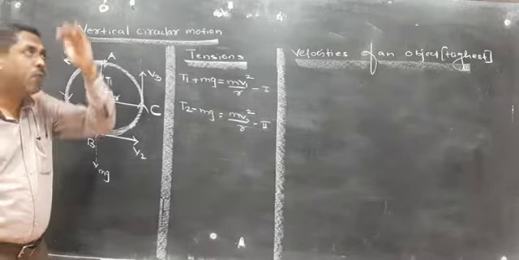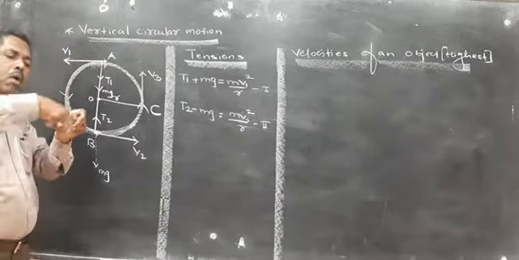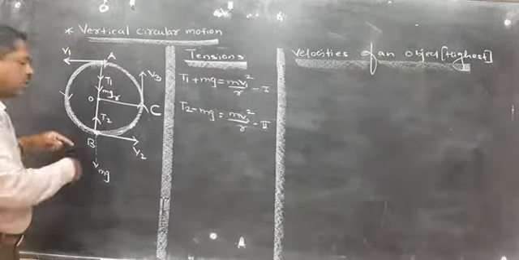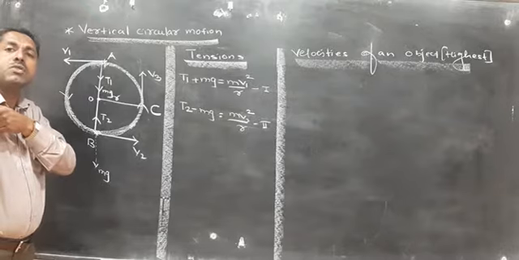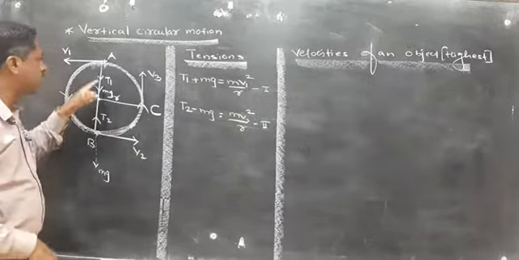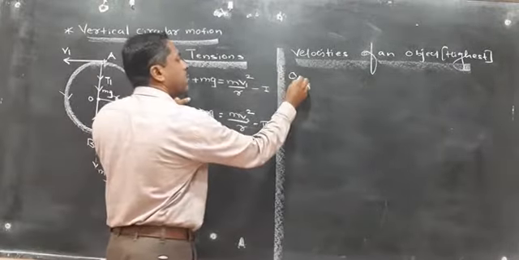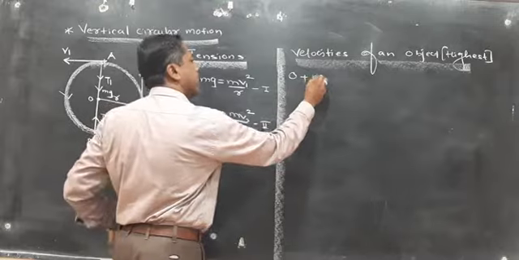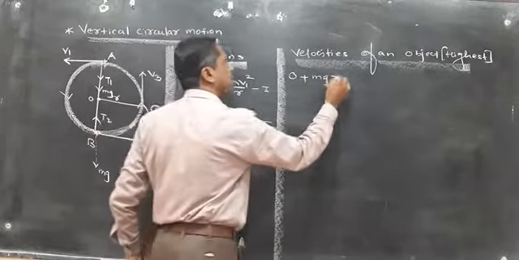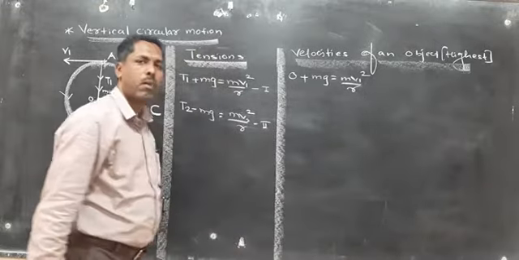But before the top position, what happens to the string? The string slacks out. That's why the tension vanishes. It means we can write that the tension vanishes at the top. So 0 plus mg is equal to mv1 square upon r.